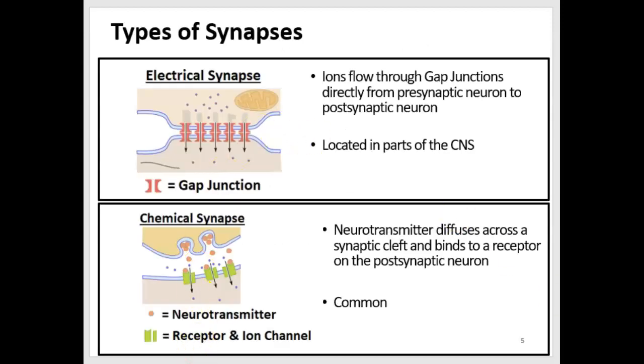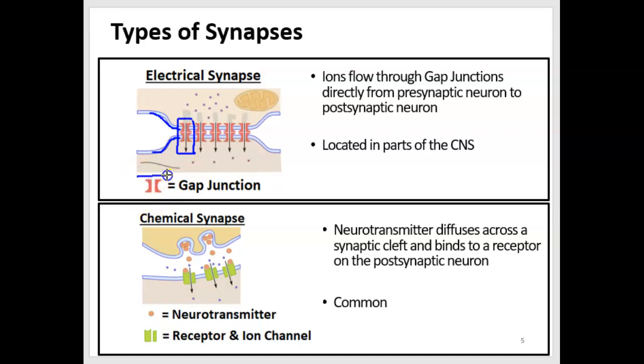So here are some pictures of electrical synapses versus chemical synapses. The picture on the top is an electrical synapse, and what you can see is the 2 membranes, presynaptic and postsynaptic, are joined or adhered by these channel-like structures.